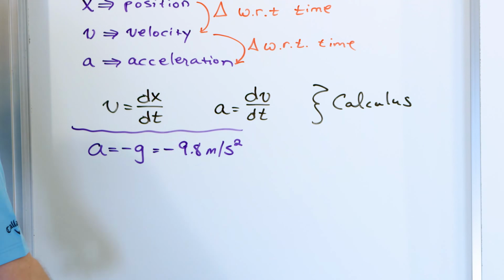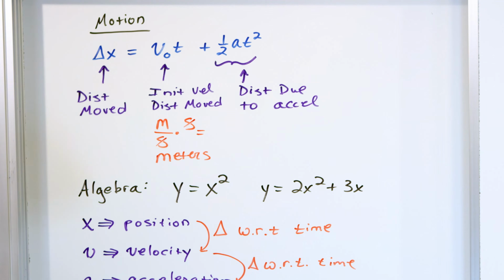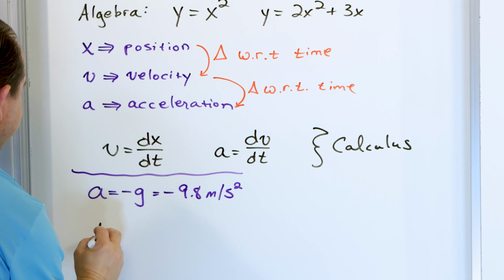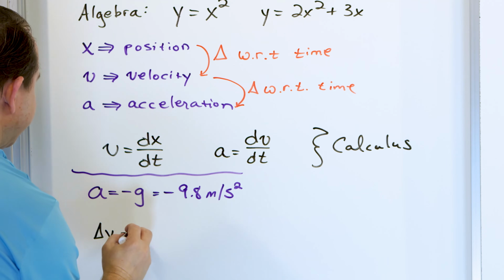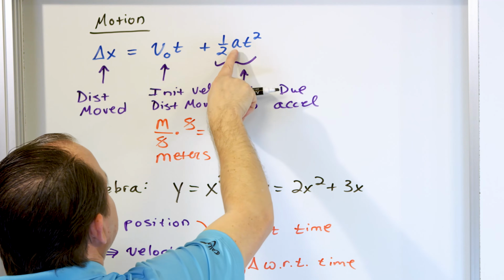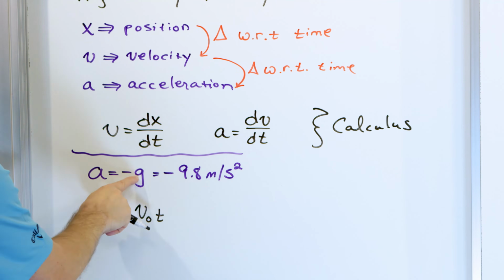But the nice thing about this is we can go back up to this equation, the equation for x. We can rewrite it in terms of y, and instead of x, we're going to call it the y direction, the up and down, the falling direction. We can call it delta y. And then we can do the same thing here, v naught times t, plus 1/2 at squared. But now a is just the acceleration of gravity, which is a negative number, negative g.